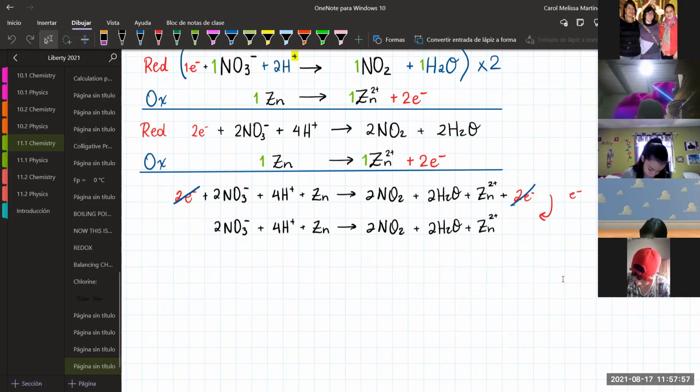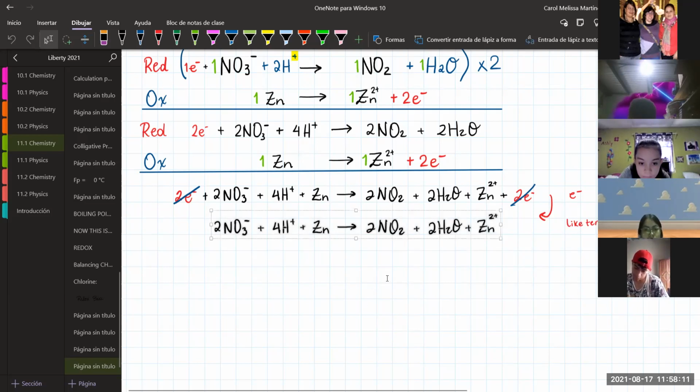Now, in this step, after eliminating the electrons, what you see is if you have like terms. Tell me, do we have like terms in here? Do we have like terms in the reactants and in the products that are exactly the same? No, we don't have any.